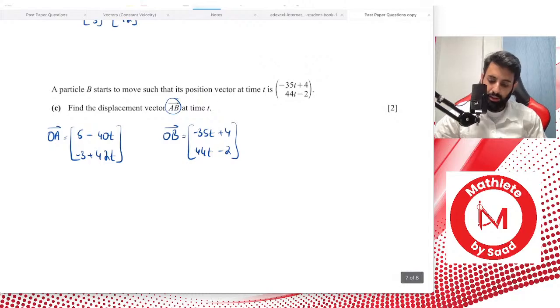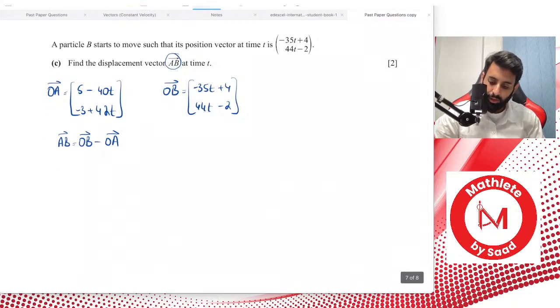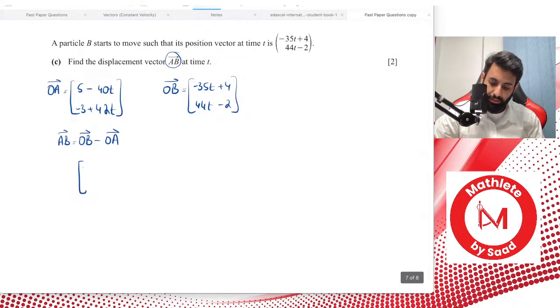You have the position vector of A, you have the position vector of B at time t. So if you want to find out AB, you can do that by simply doing OB minus OA. So let's do that. Minus 35t plus 4 over 44t minus 2, and from this let's subtract OA, which is 5 minus 40t over minus 3 plus 42t.